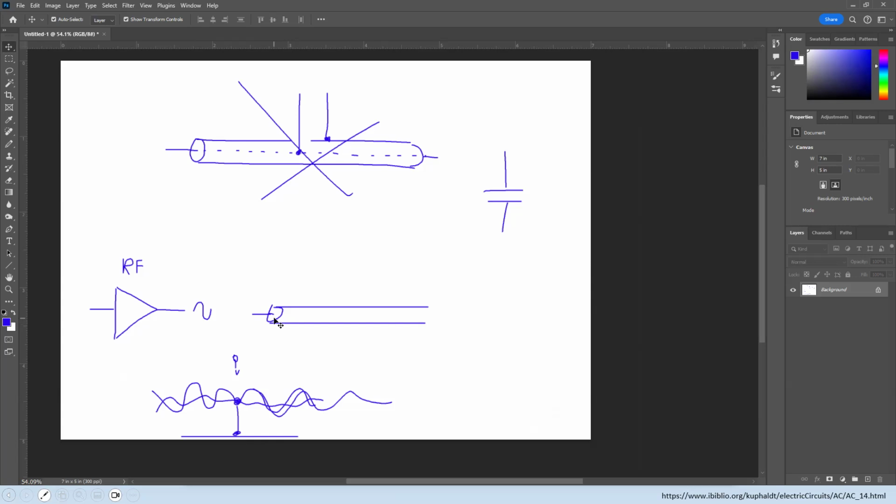We need to match the impedances. The output impedance of the amplifier has to be equal to the input impedance of whatever it is, for example, this cable here. In this case, we can achieve something that's called a maximum power transfer.